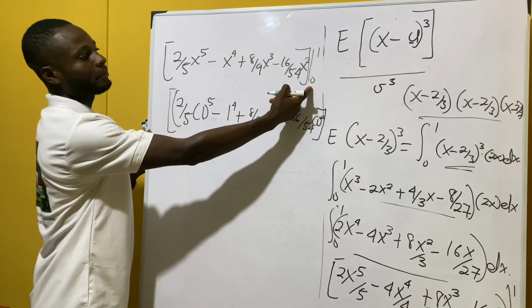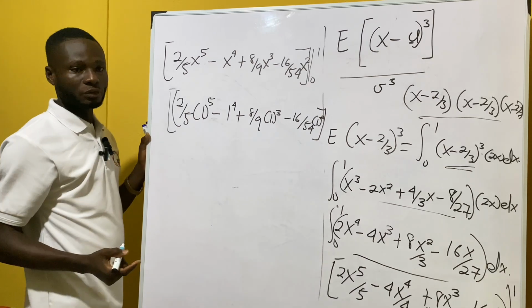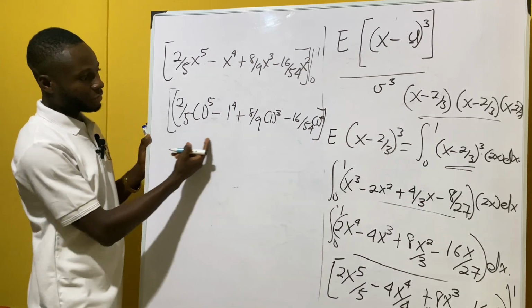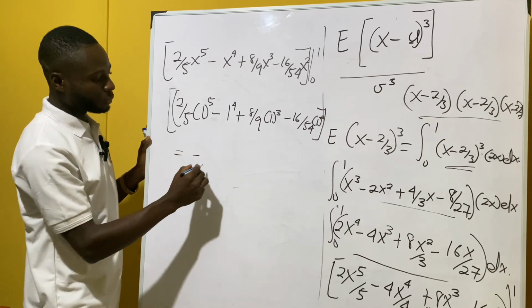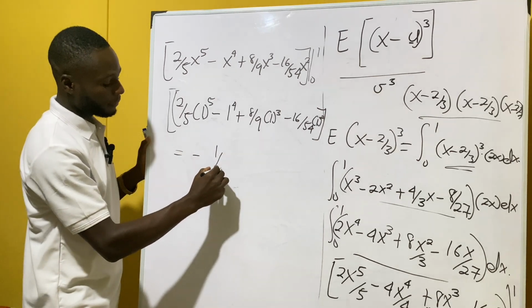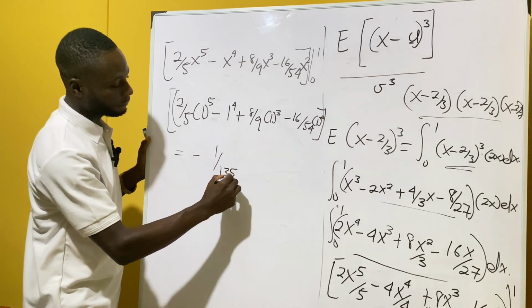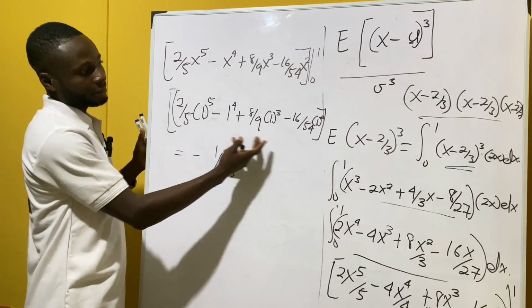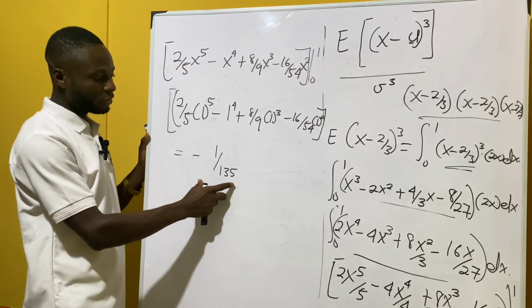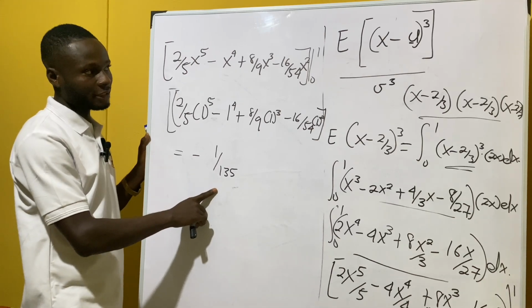We know that the lower limit part is 0. So we simplify this, and then we have minus 1 over 135.